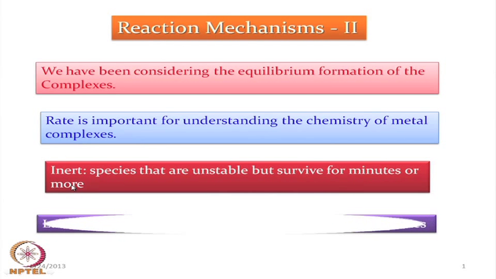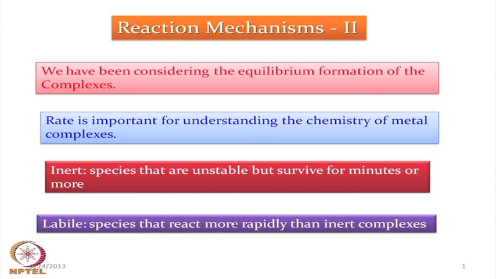But when a particular compound reacts more rapidly than inert complexes, we call them a very labile complex. So, some of these water molecules which are surrounding the metal centers or the corresponding aqueous complexes.